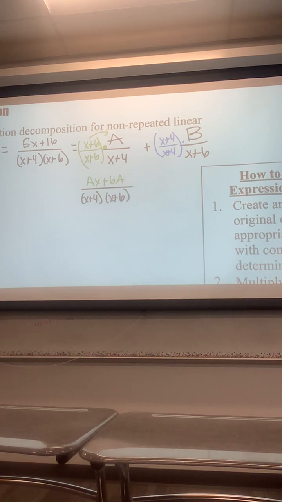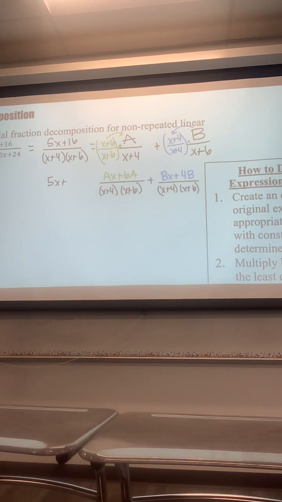You guys okay with that? Yeah? And then the other one, if we actually multiply this one in, we get b times x plus 4 times b divided by, what happens with our denominator? We end up with both of them, right?